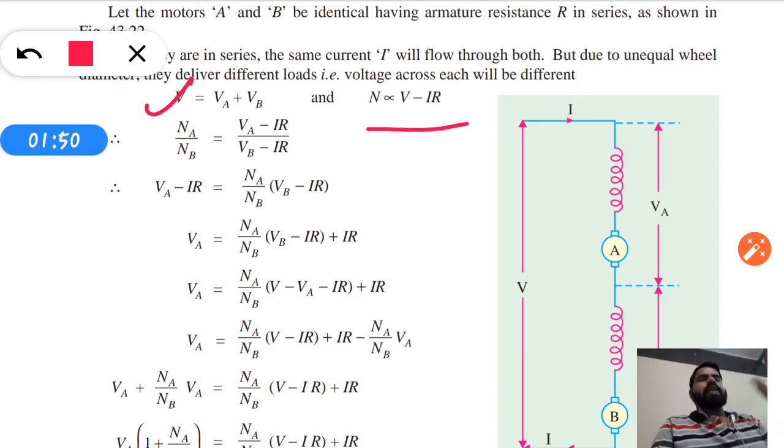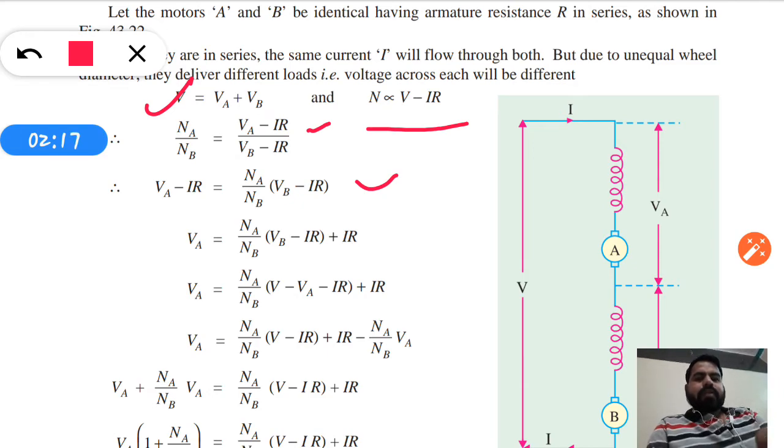We have discussed it in our previous lecture. N is proportional to V minus IR. So NA upon NB equals VA minus IR upon VB minus IR. So VA minus IR equals NA upon NB times VB minus IR.